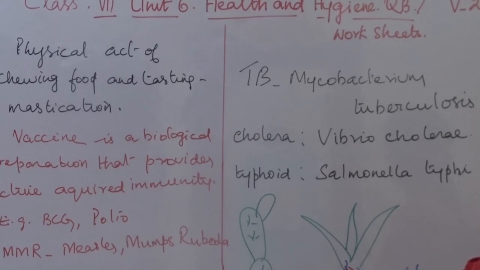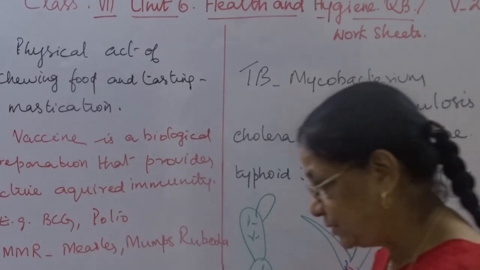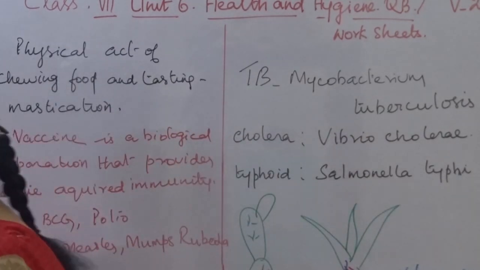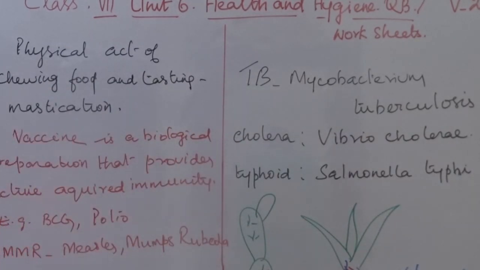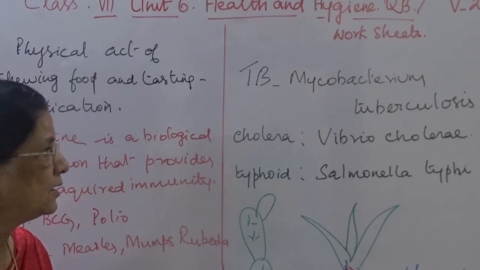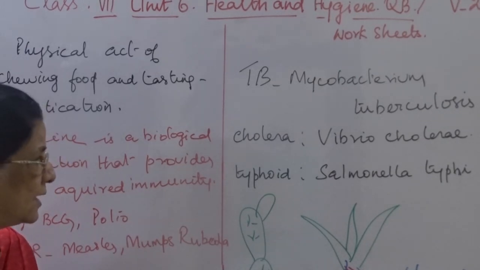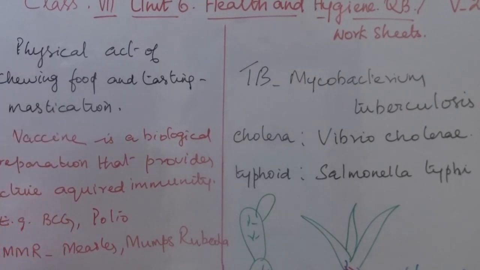Vaccine examples: BCG, Bacillus Calmette-Guerin, and polio drops. Another one is MMR, which is for measles, mumps and rubella. It is a viral disease. Then TB, causative agent Mycobacterium tuberculosis; cholera, Vibrio cholerae; typhoid, Salmonella typhi.